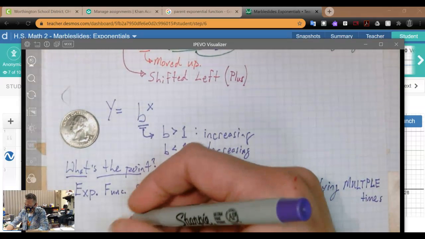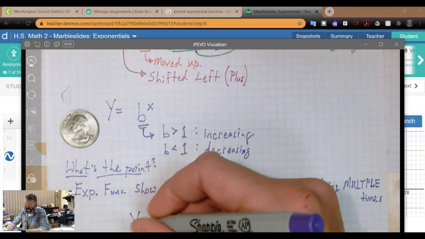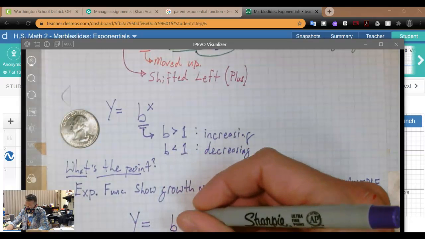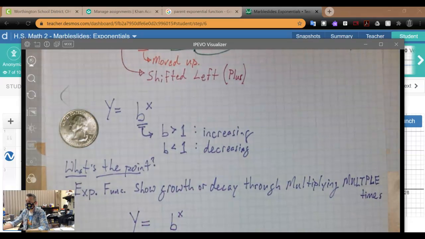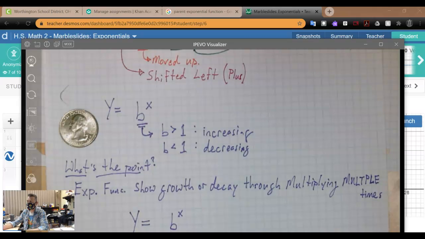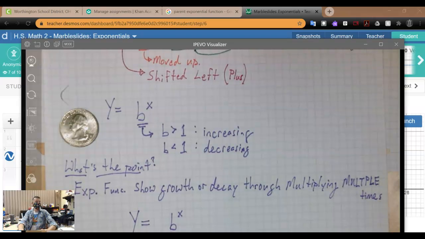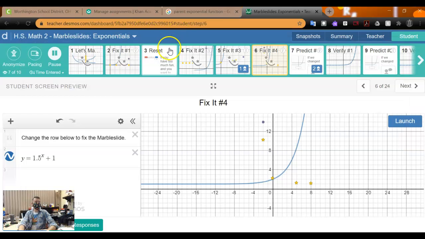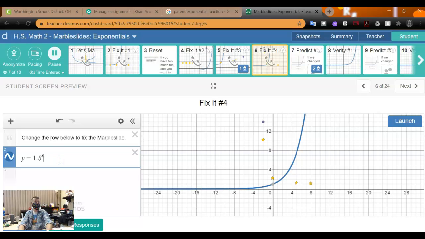What that means is y equals b to the x is actually making one really important assumption. That if I get rid of this plus 1, zero, 1.